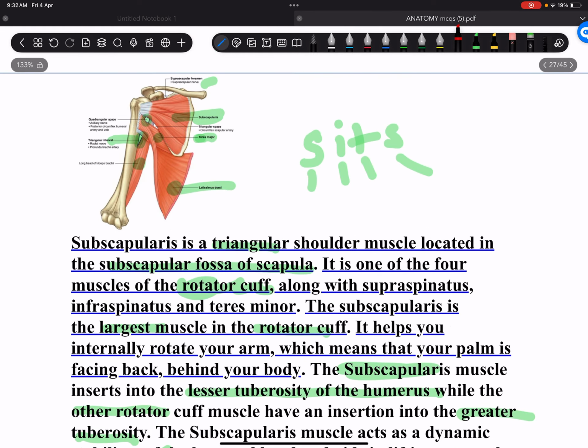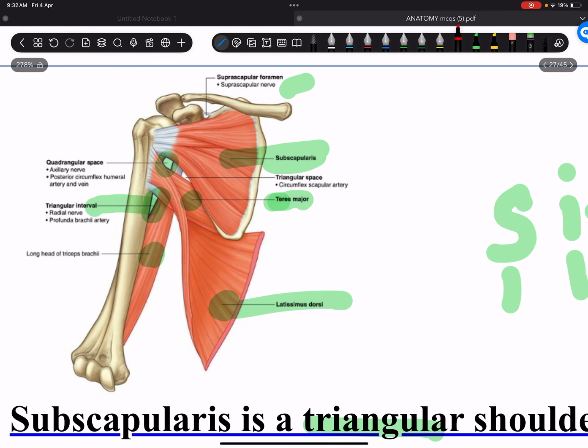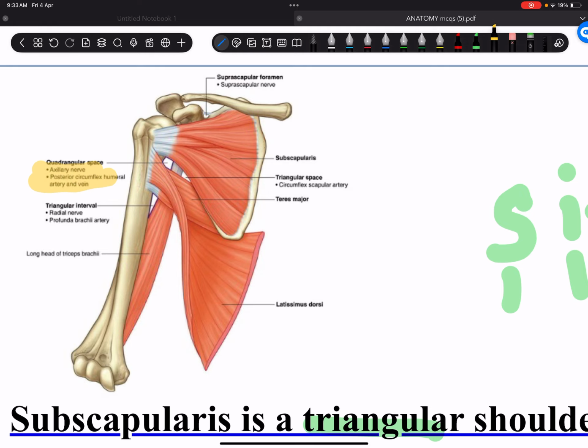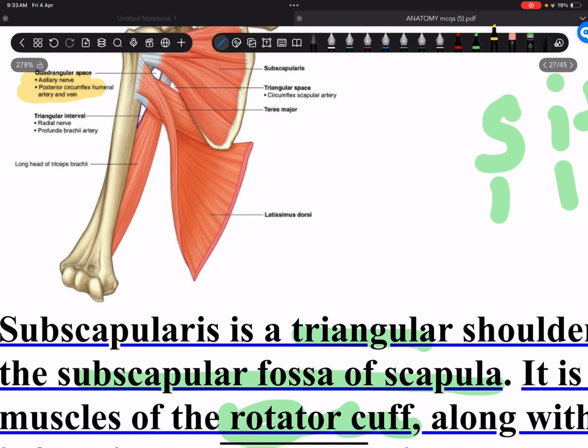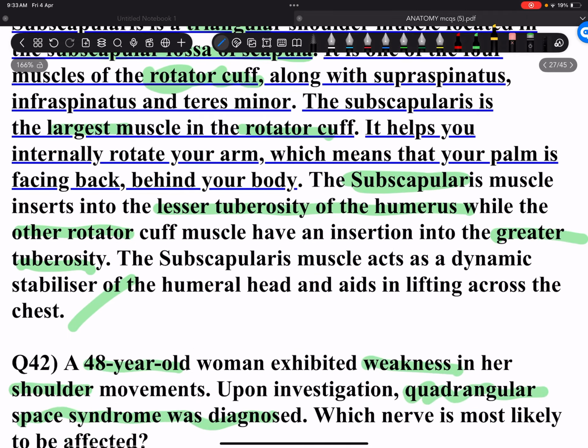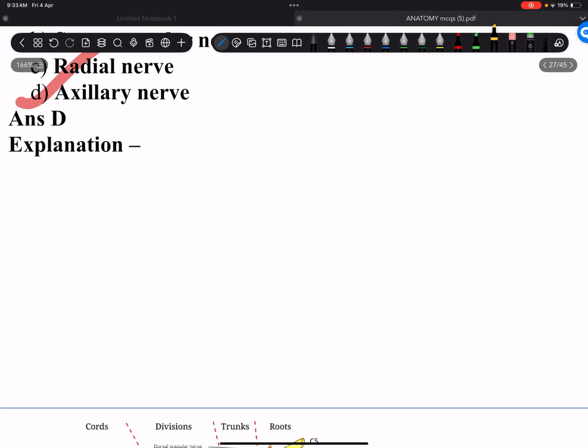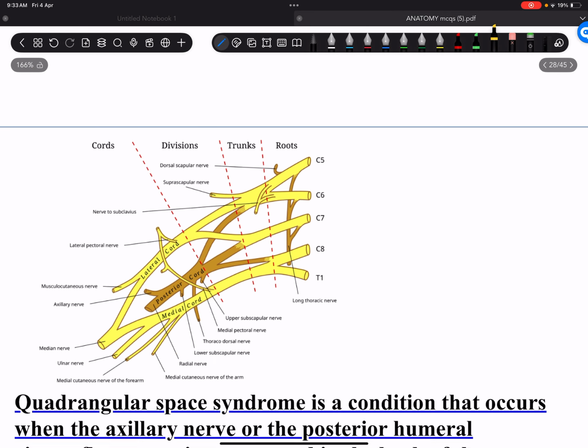You can see it with this diagram too. This is the quadrangular space, and here is the axillary nerve, and the posterior circumflex humeral artery and vein. So the axillary nerve is the answer.